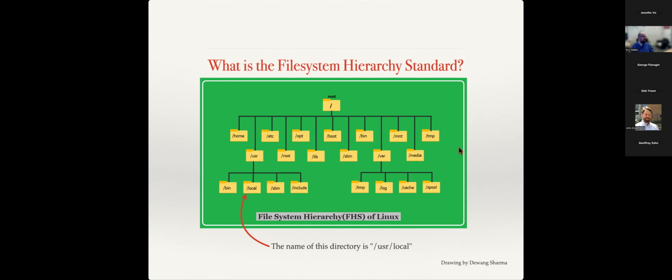The way that directories get their name, and people like me tend to say them, is the directory name is said without the slashes in there. So this directory whose name is slash user slash local will usually just be called user local. So we'll ask where some file is, and they'll say, oh, it's in user bin or user local or something.